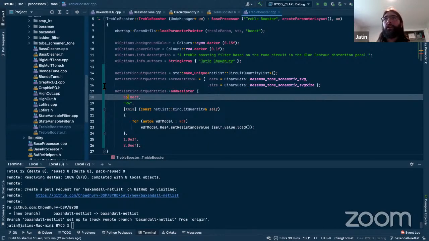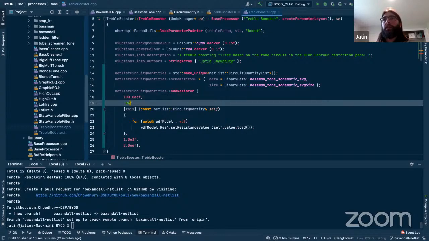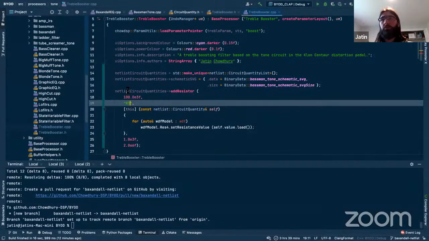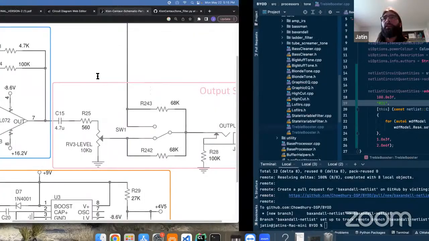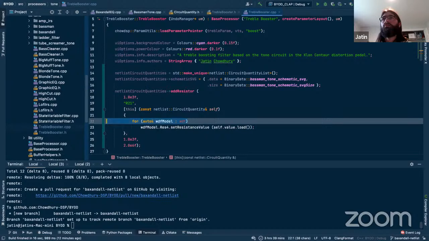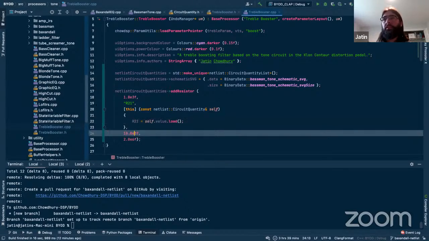So let's see. Let's go in order. R21 should be 1.8K. Here, okay, here we can do it like this. It equals that. And we'll put some limits on this, maybe 100 ohms up to 2 meg.